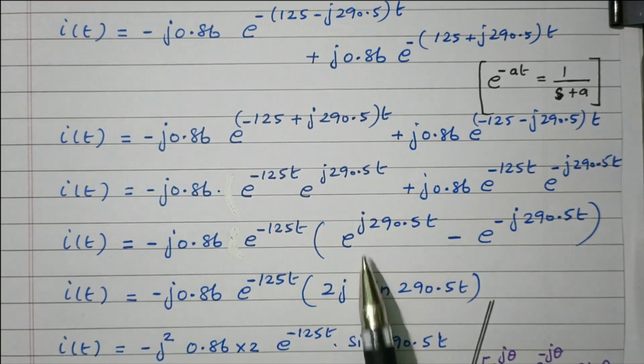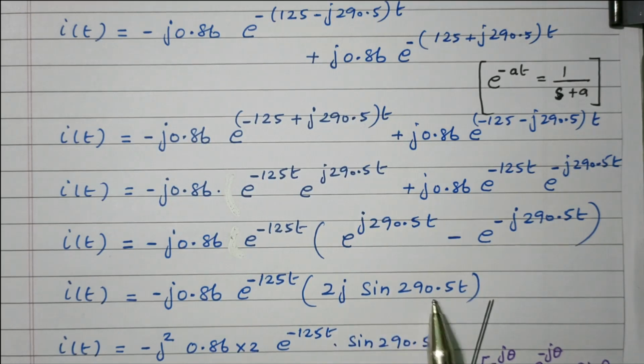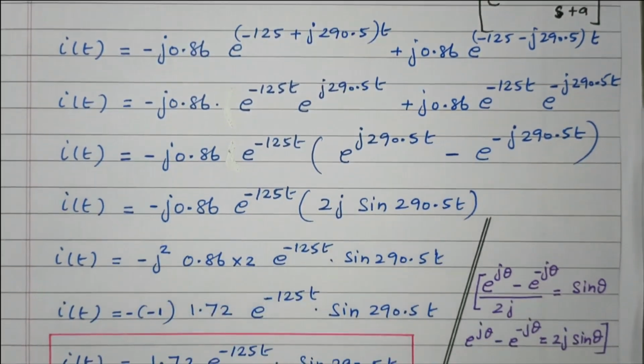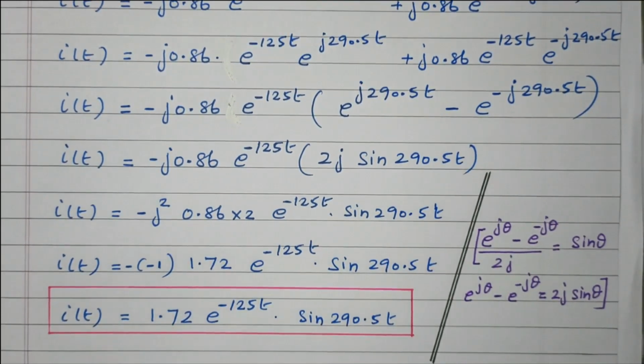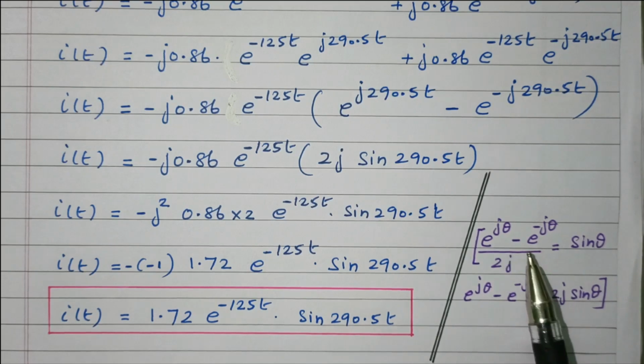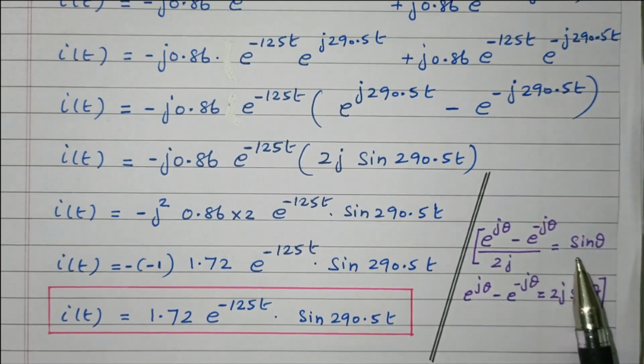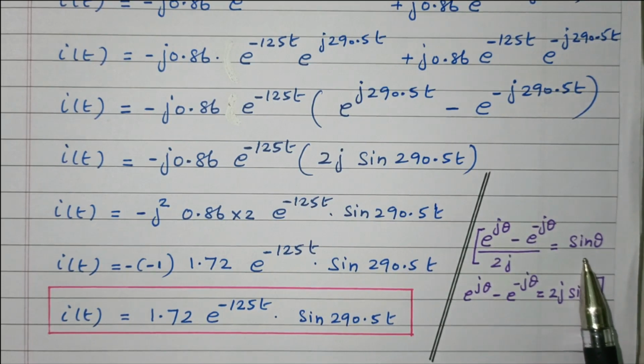Right. So this term can be written as 2J sin 290.5 t, based on the expression available: e power j theta minus e power minus j theta divided by 2j equals sin theta. So this is the formula.